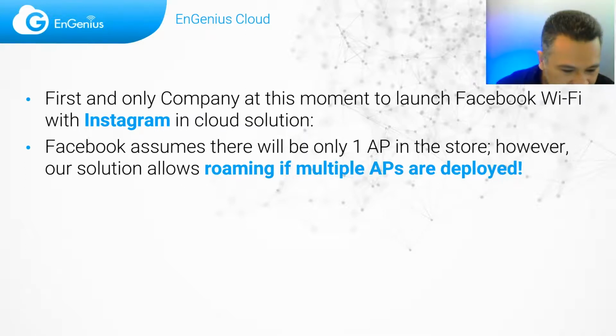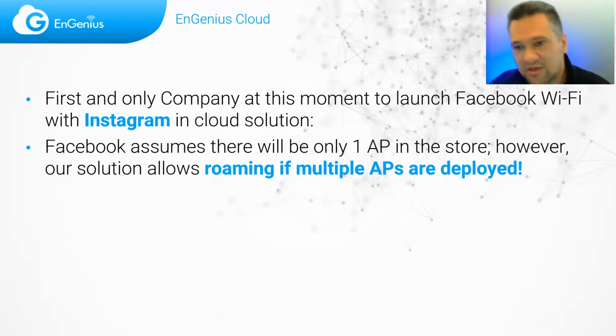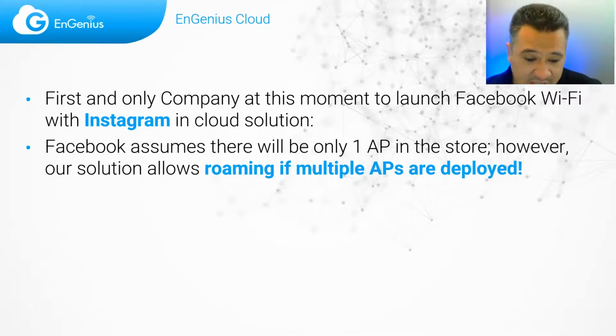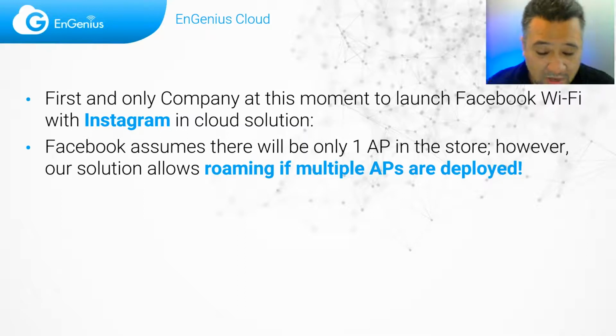However, with our cloud solution, you may have 3, 4 or 5 access points, and you just set up Facebook Wi-Fi inside the cloud platform, and all the access points in that same network broadcasting this SSID will let customers connect with Facebook Wi-Fi.